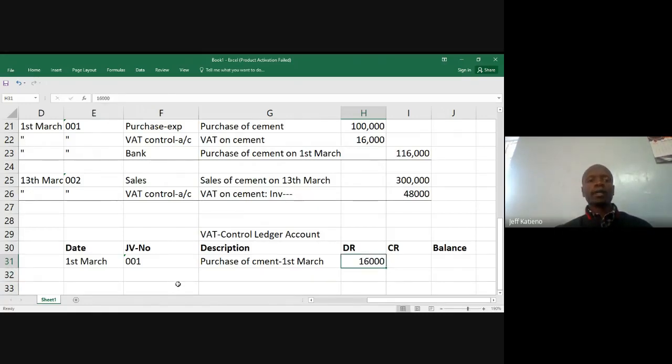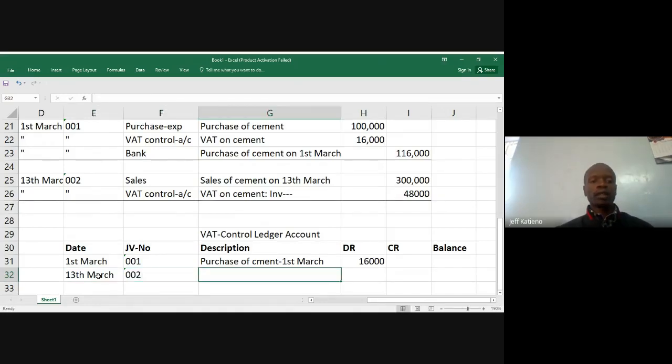And then you'll put this VAT on sales, which was on 13th March. Then you'll have the journal number, and then sales of cement.